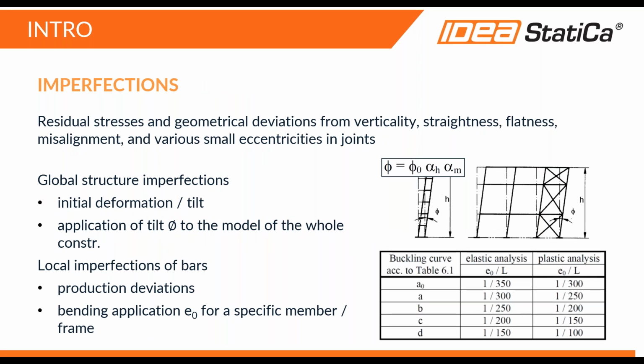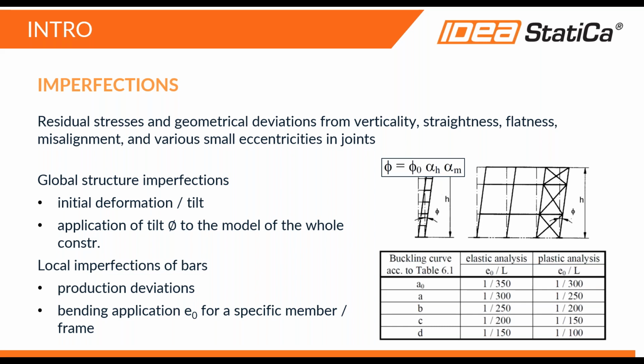And speaking about imperfections, what does that mean? Those are all the geometrical deviations from the production of the members. So those are not ideally perfect as in our models. Of course, there are residual stresses in those members and so on.